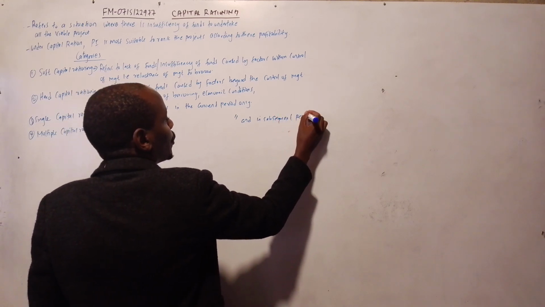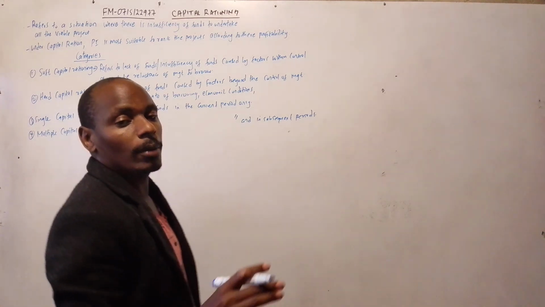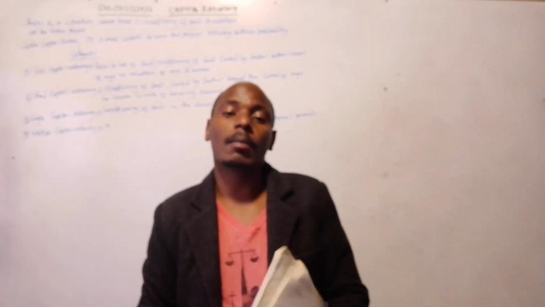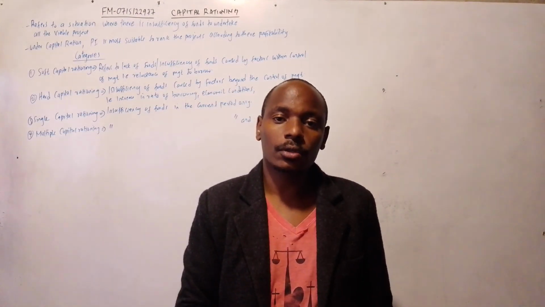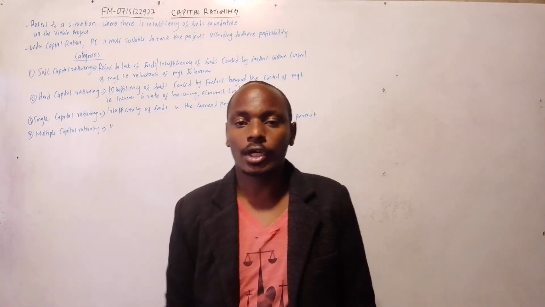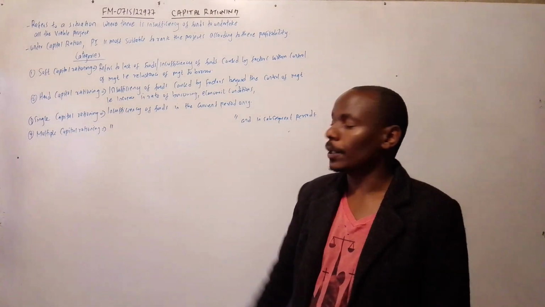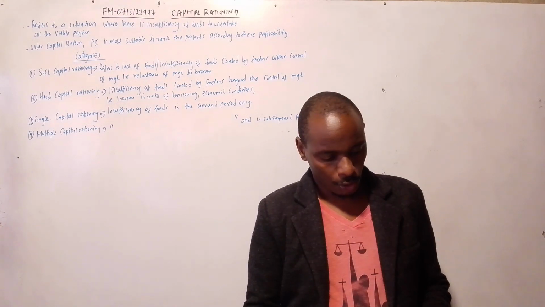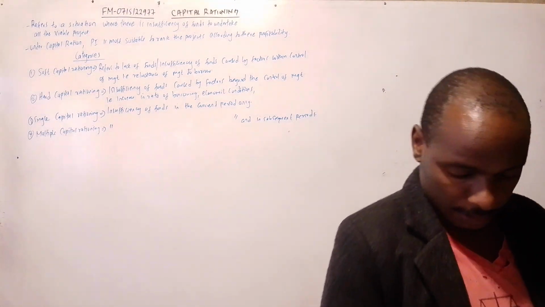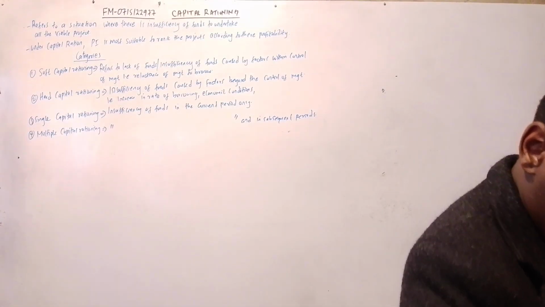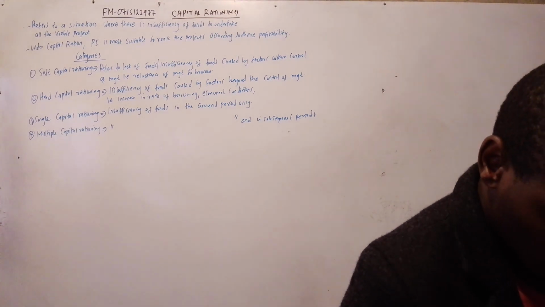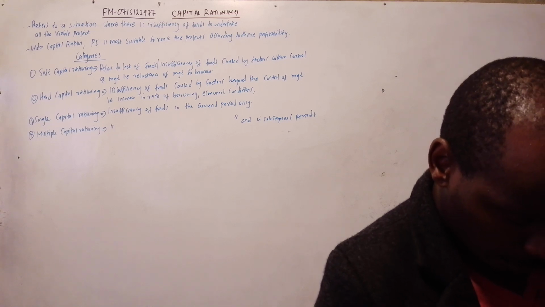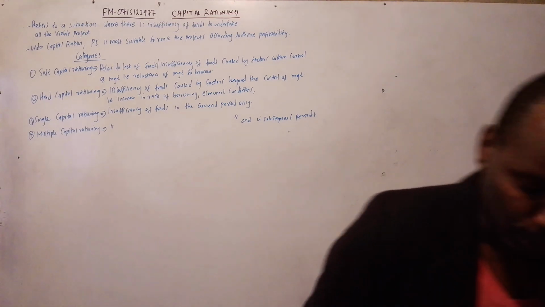When we talk about multiple capital rationing, it's where the firm does not have a sufficient amount of money in the current period and also in the future or subsequent periods. So we call it multiple capital rationing.